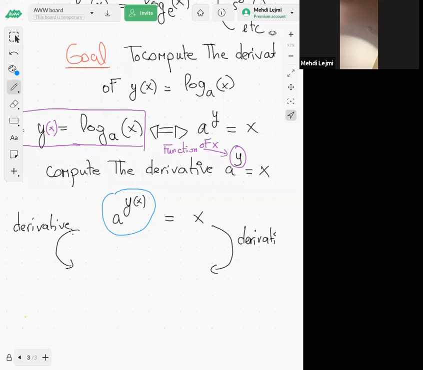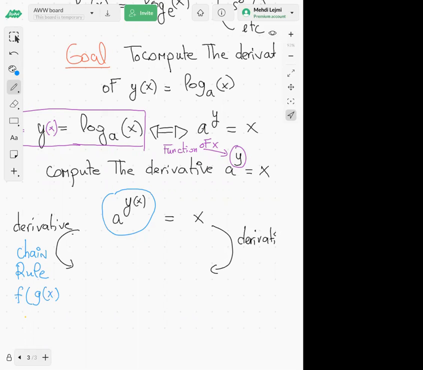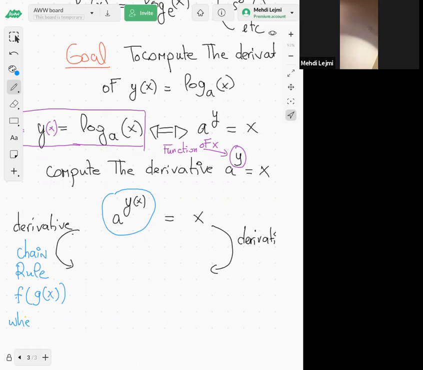To compute the derivative of this a to the power y of x, we need to apply the chain rule. So this is like f of g of x, where f of x is a to the power x, and g of x is y of x.